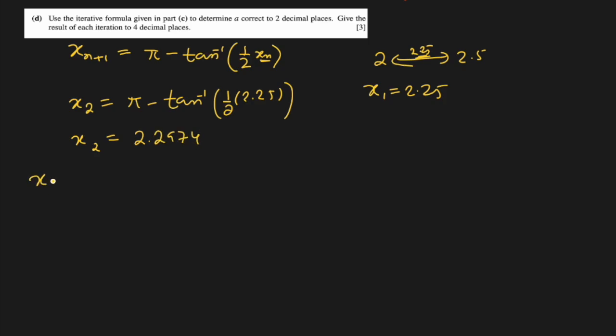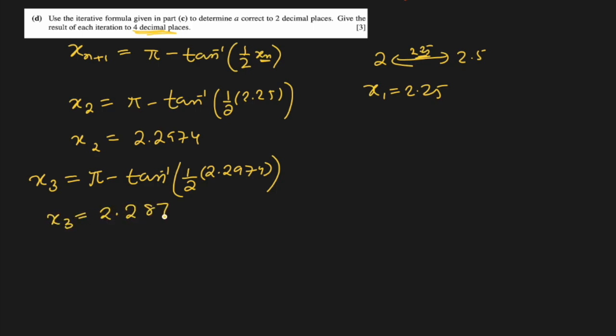Similarly, we'll find x3 now. x3 is pi minus tan inverse half times 2.2974. Yeah, 4 digits they are saying we have to write every time. So x3 comes out to be 2.2871.